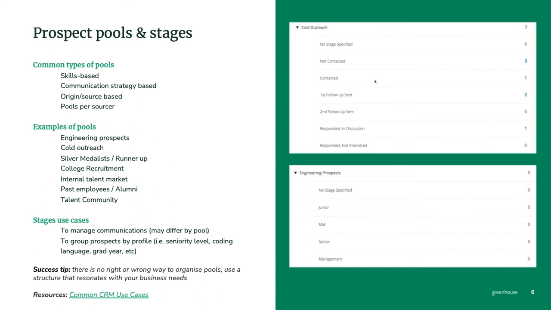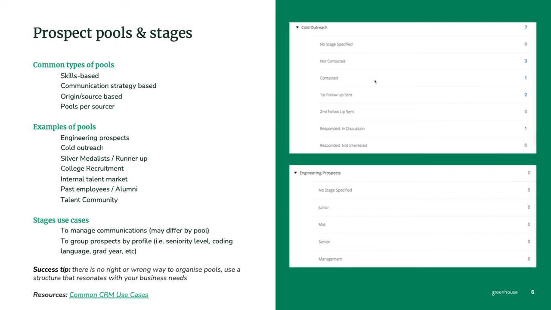When thinking about pools, think about how you wish to organize your prospects. There's really not a right or wrong way to do anything here, only what makes the most sense for your company. For example, think about the skills that you or your recruiters prospect for on a continual basis. Maybe engineers or computer programmers. Or perhaps based on a communication strategy.